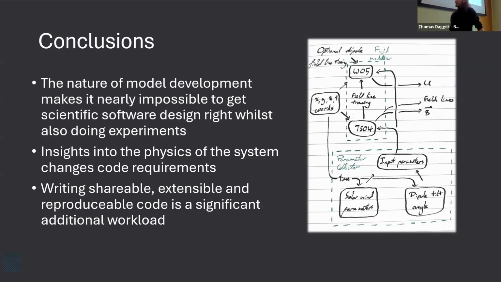And in my experience, the current funding ecosystem and what's expected from researchers doesn't really reflect that. The time, effort and money it costs to do things properly in terms of writing large code isn't really accounted for in what you can get funded for.